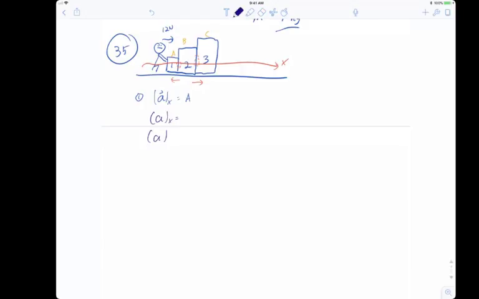I'll call this A, B, C. Okay, so all the blocks are moving together, and that means they're going to have the same acceleration. I do know that they're moving together in a group, which means they're going to have the same velocity, which means they're going to have the same acceleration. I don't know what that acceleration is.